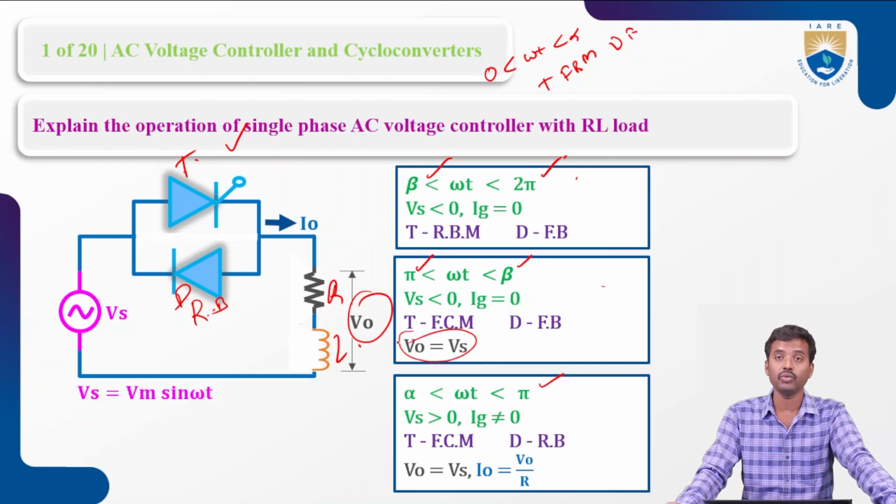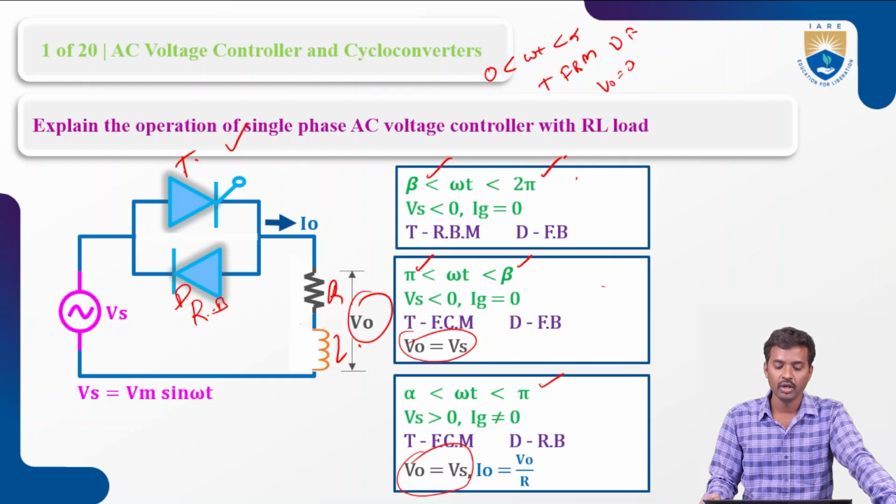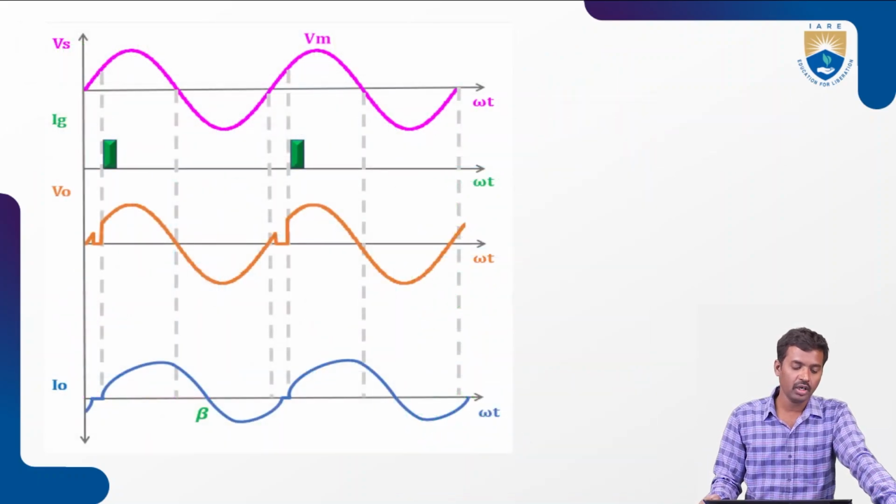In this case, Vo equals Vs. Here also Vo equals Vs. In this case, Vo equals 0, and now Io is also 0. Next, beta to 2 pi: the thyristor is in reverse bias and the diode is in forward bias condition. This is the alpha to pi range, and next up to beta, then 2 pi.